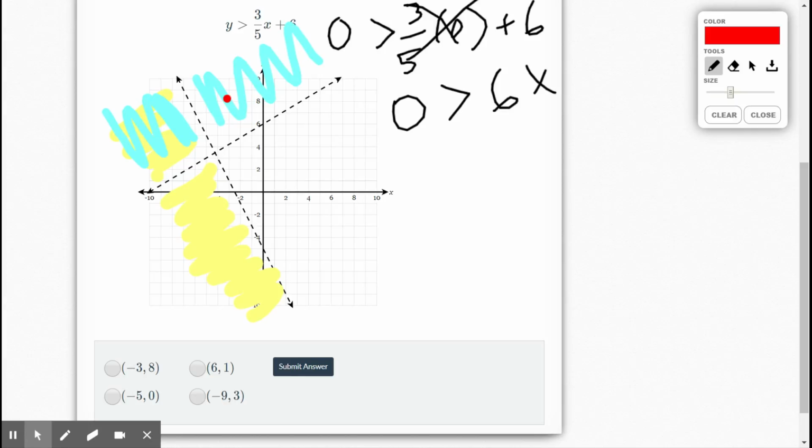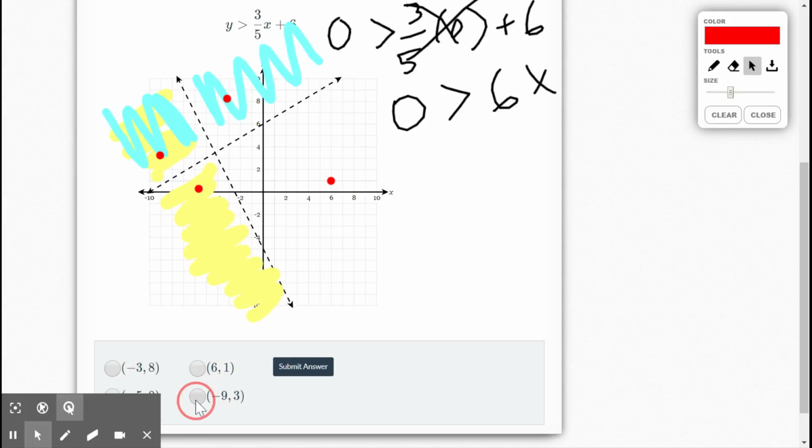That does not look like it's in this area, so no. (6, 1) is also not in it, no solution. (-5, 0), I've covered up all my numbers, but I can tell it's not in it. (-9, 3), that must be our winner. So I'm assuming (-9, 3) is the answer.